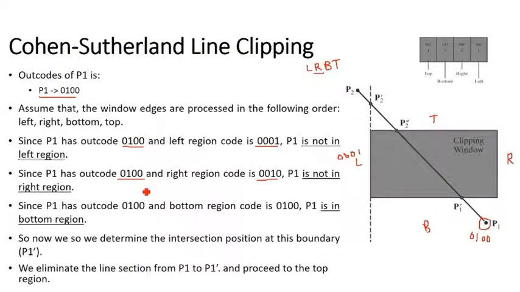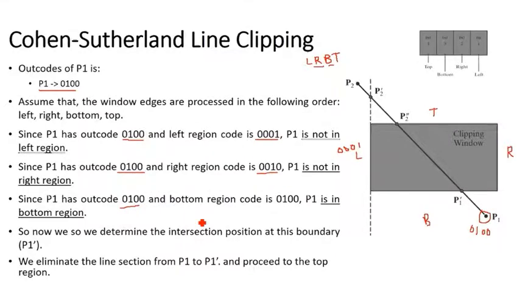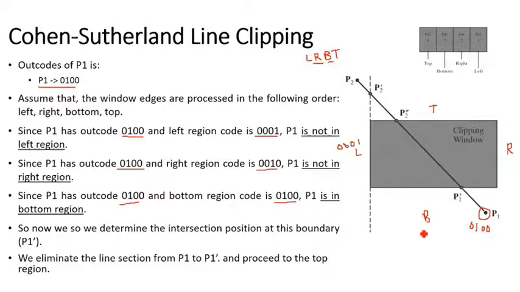Then I take P1 outcode and I go to the next region, that is bottom. Bottom region's outcode was 1000. I perform AND operation. This gives me true. Because it gave me true, it means that this point is in the bottom region.